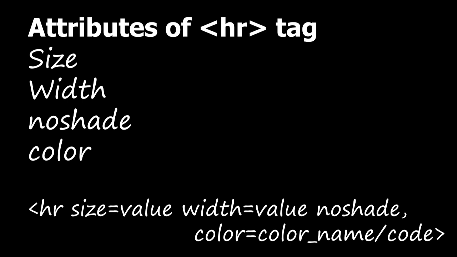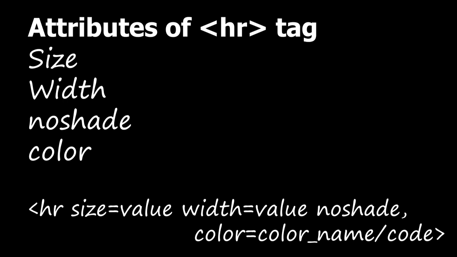The syntax of this HR tag is you have to give HR and then leave a space. After opening the HR tag, you give size equal to the value, width equal to the value, noshade, and then color equal to the color name, or you can give the color code also, and then you close that HR tag, right?